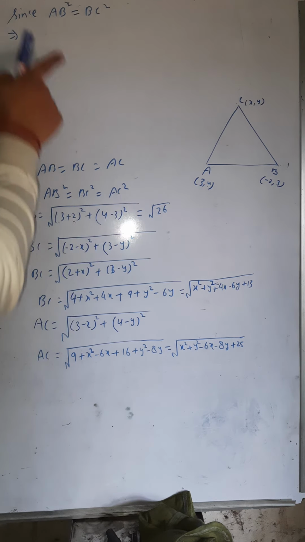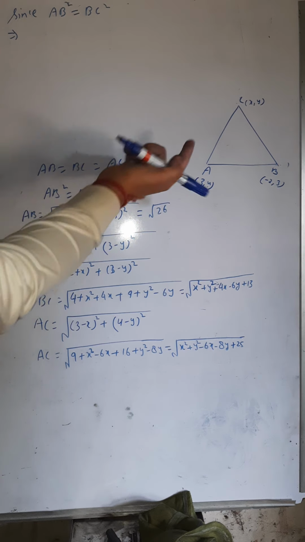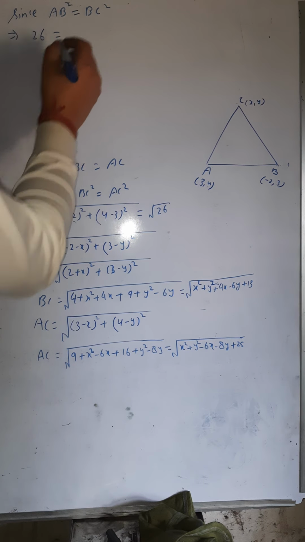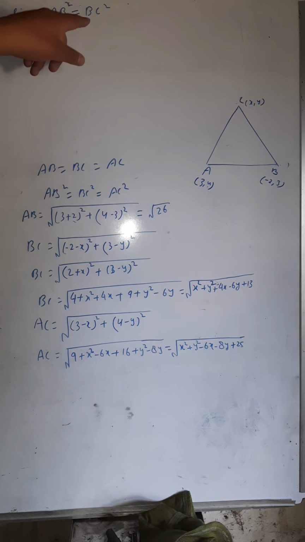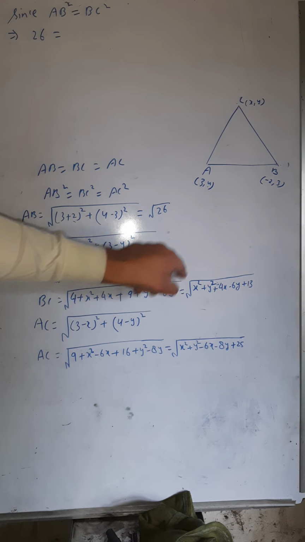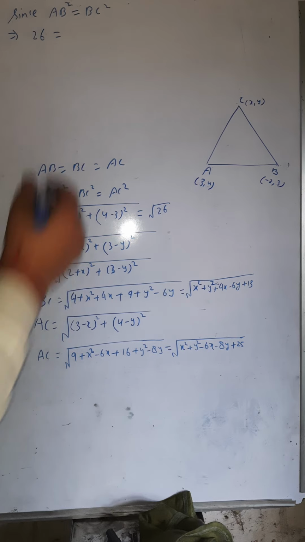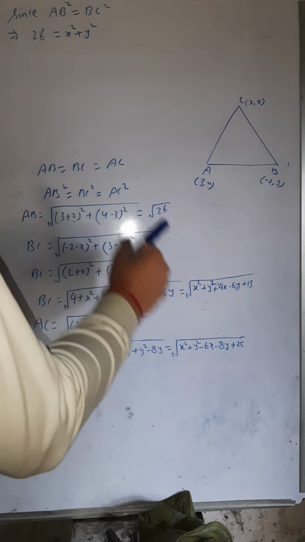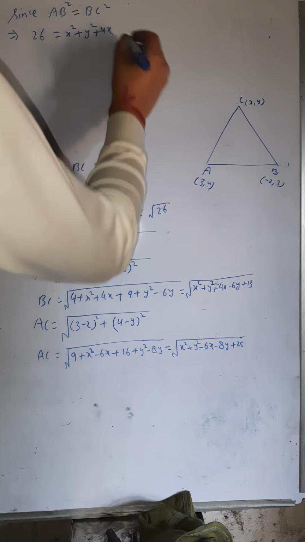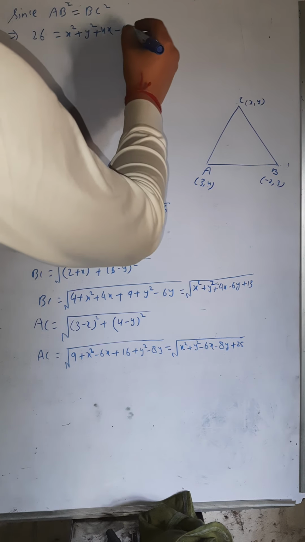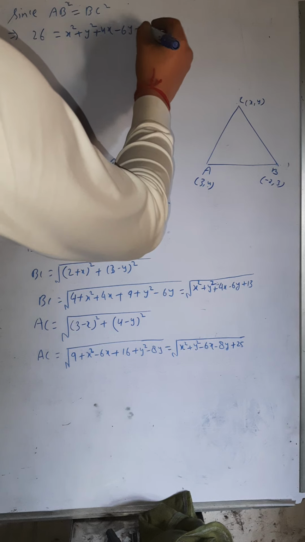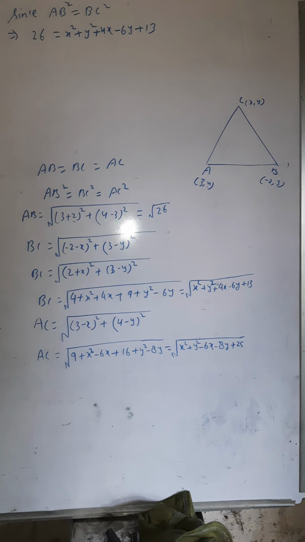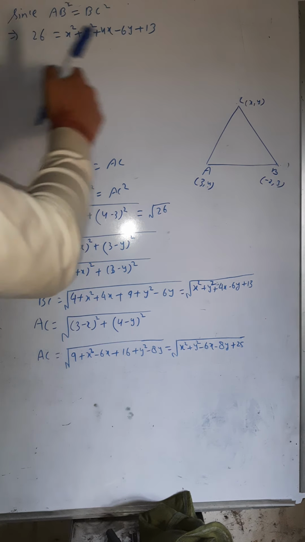Under root 26. So square will be 26 because square root will be removed by the whole square. Okay. So I can write 26 equal to similarly BC square. BC is this much, so square root will be removed. So x square plus y square plus 4x minus 6y plus 13. This way I can write. Getting this? Now this 26 will go there.